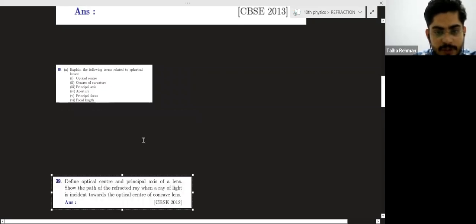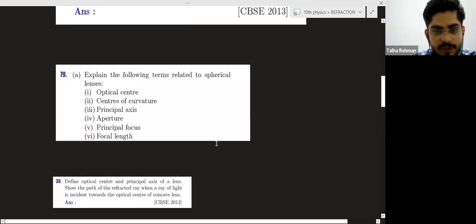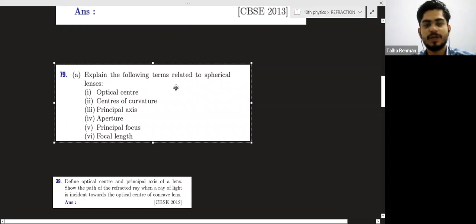Now, in the next question they are saying, explain the following terms related to the spherical lenses. Optical center, already I have discussed. Principal axis, already I have discussed. Focus, already I have discussed.